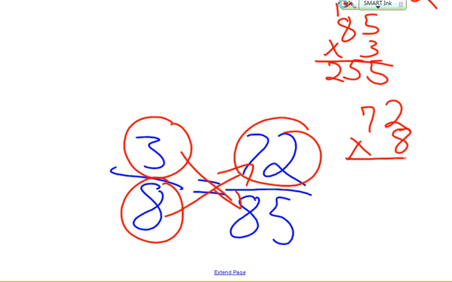I get a 6, carry the 1, and I get a 7 and a 5. Since these two products were not the same, we would say that these two fractions, 3/8 and 72/85, are not the same.